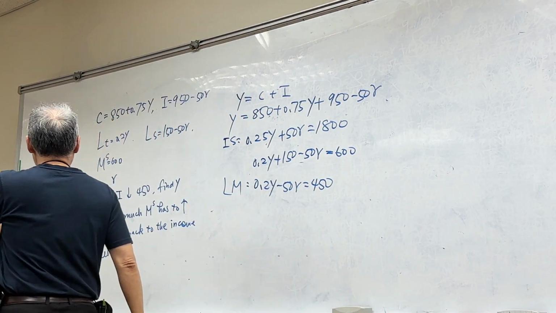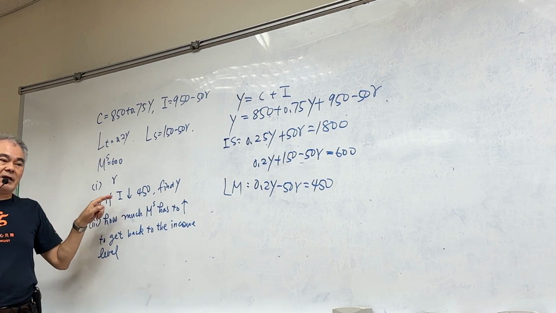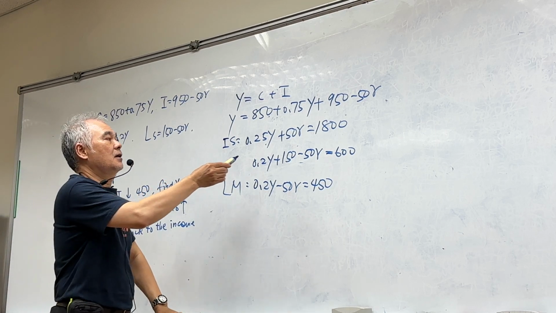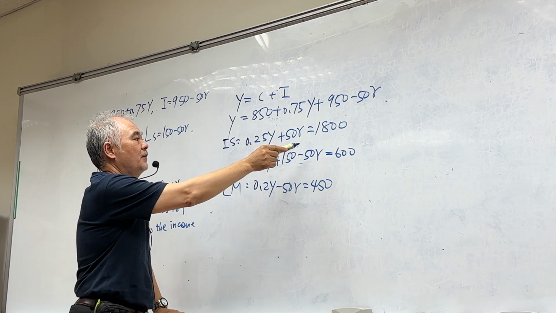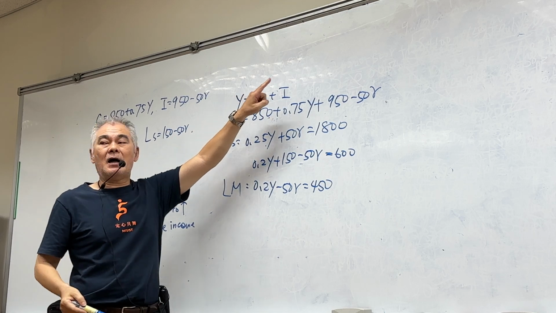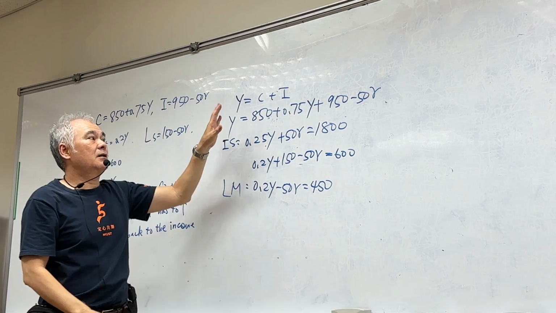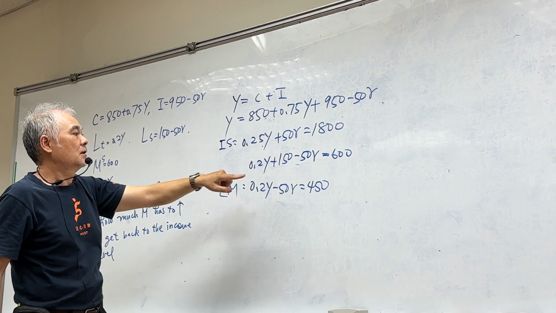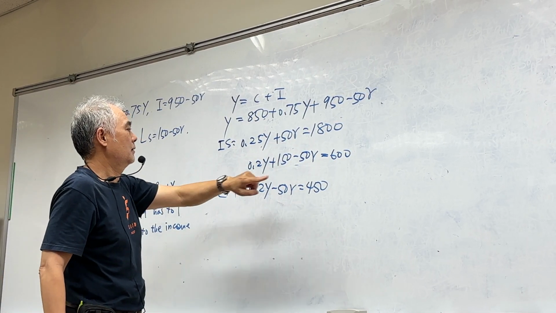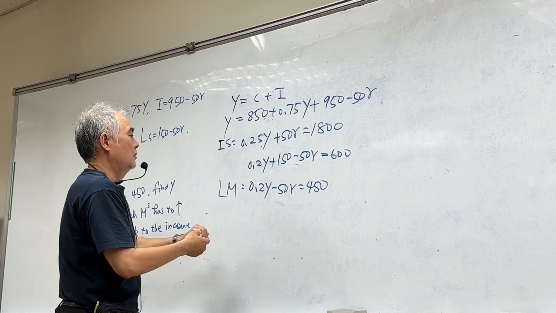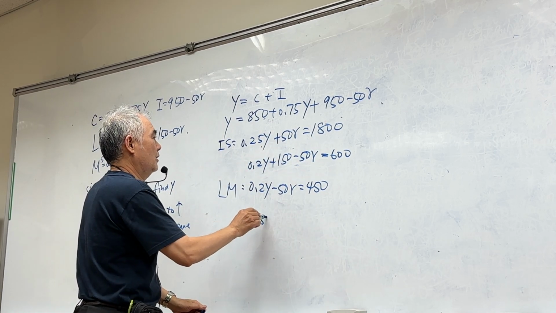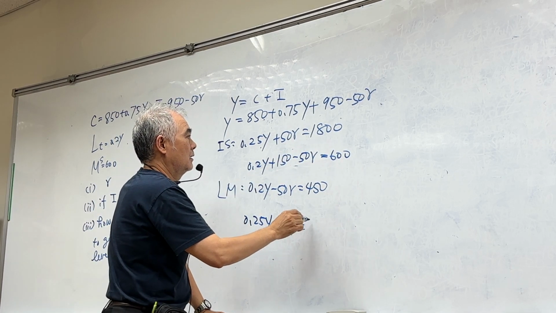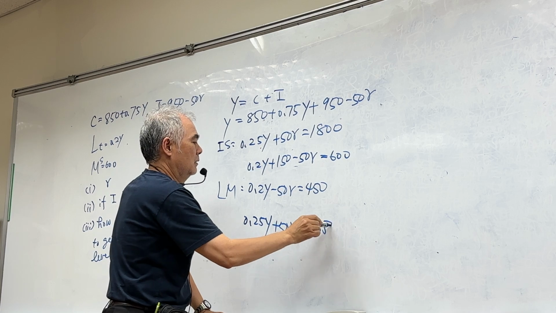The second question is, if I goes down by 450, try to find Y. As you know, C plus I is on the right-hand side. And if this right-hand side goes down by 450, that means this one is going to go down by 450. So 0.25Y plus 50R is equal to 1350.